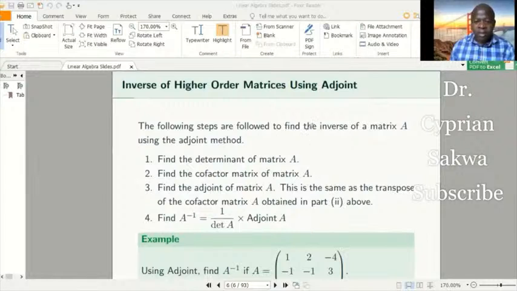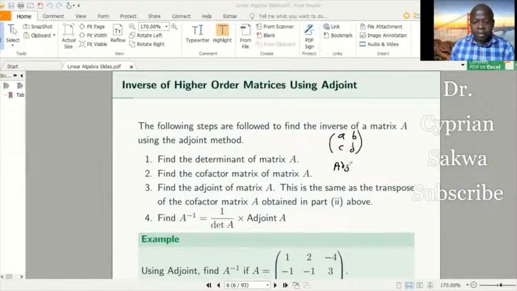Let me remind you how to find the adjoint of a 2 by 2 matrix. If I have a 2 by 2 matrix A, B, C, D, what is the adjoint of this matrix?